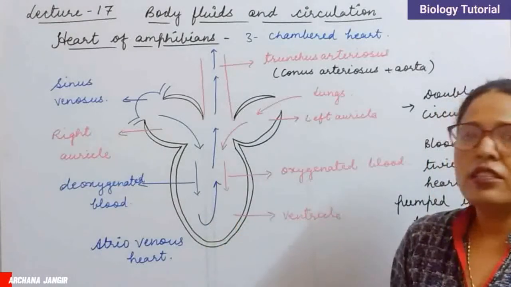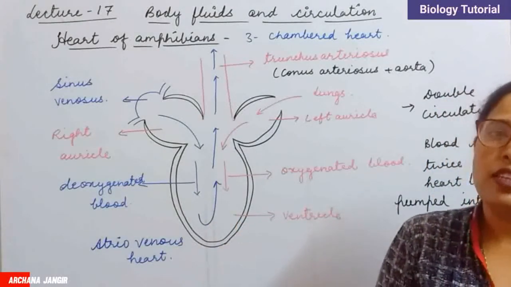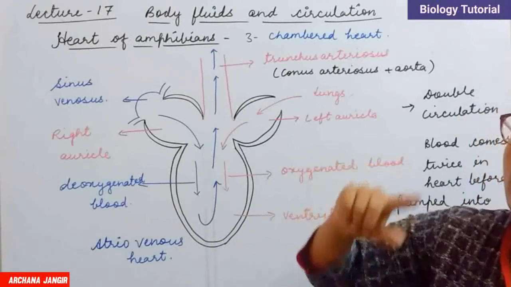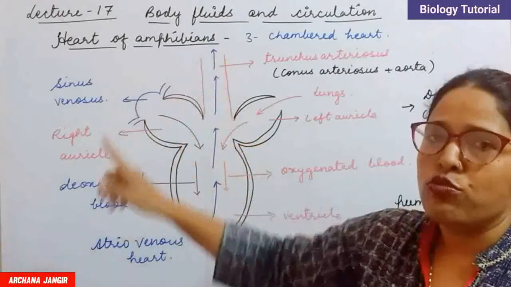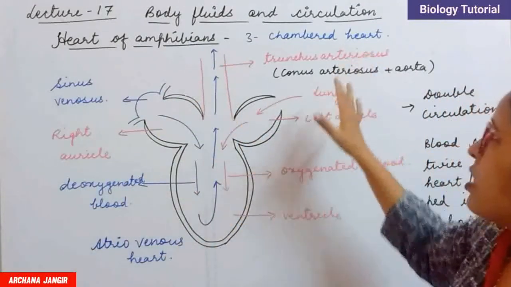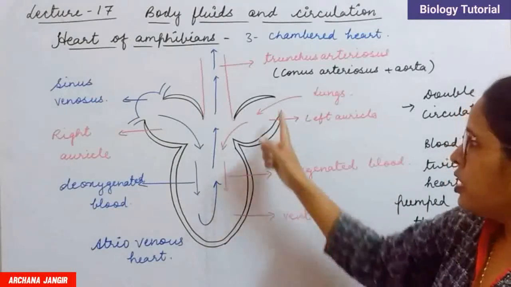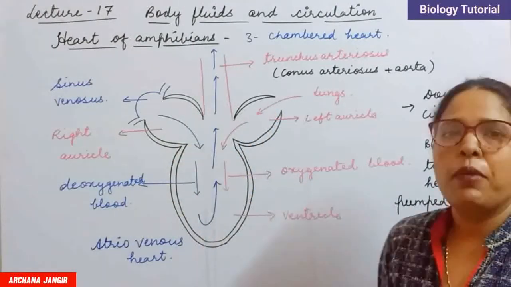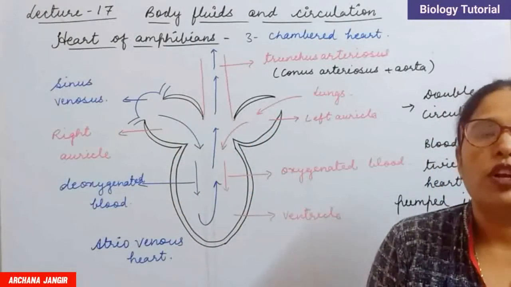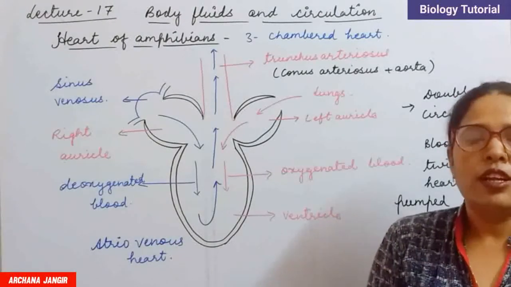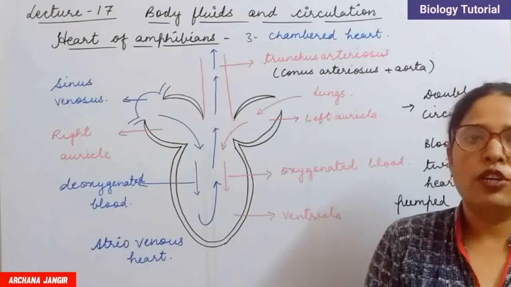In the ventricle, both types of blood get mixed, and this mixed blood is transported into the body tissues through the truncus arteriosus. Clear? So here 2 times the blood is coming into the heart before going to the body tissues. That's why it is called double circulation. Clear? So this is all about the heart of amphibians.